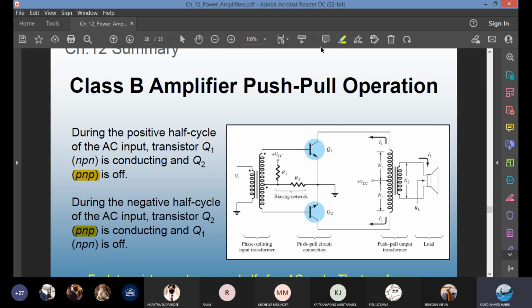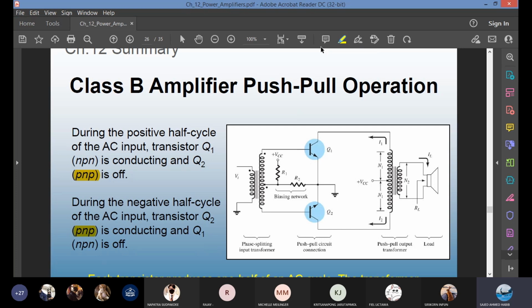There's one type of connection where you can use one as a PNP and the other one as NPN, but that is not called transformer coupled push-pull. That is called complementary symmetry operation, which I did not include in the course outline, so I will not teach that one. Please correct this mistake.